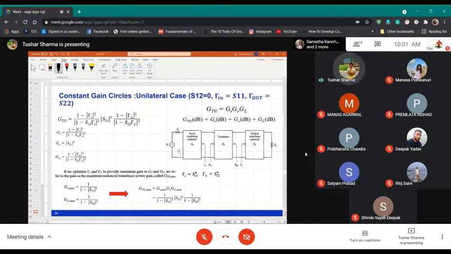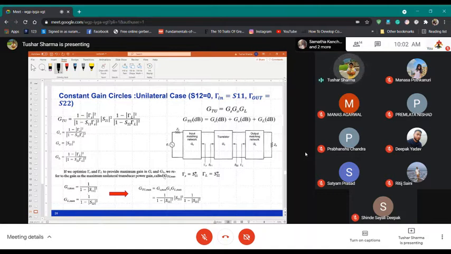This is what the total gain of my chain is, starting from the input matching, transistor, and output matching. Now, if we optimize gamma S and gamma L to provide maximum gain in GS and GL, then we refer to gain as maximum unilateral transducer power gain.